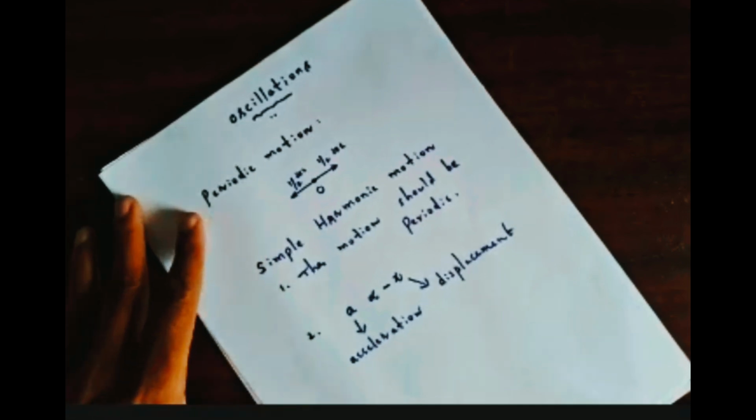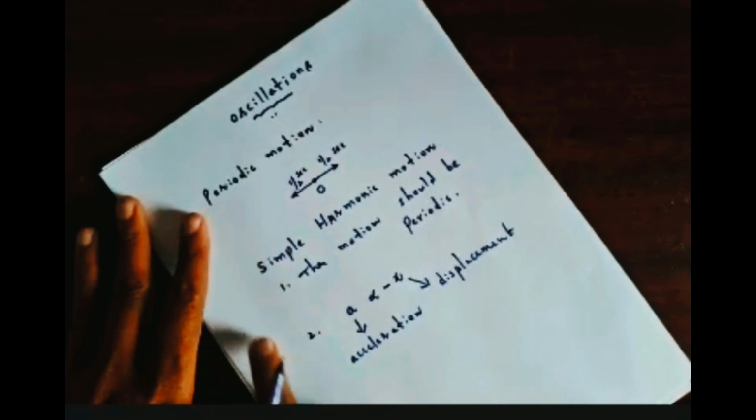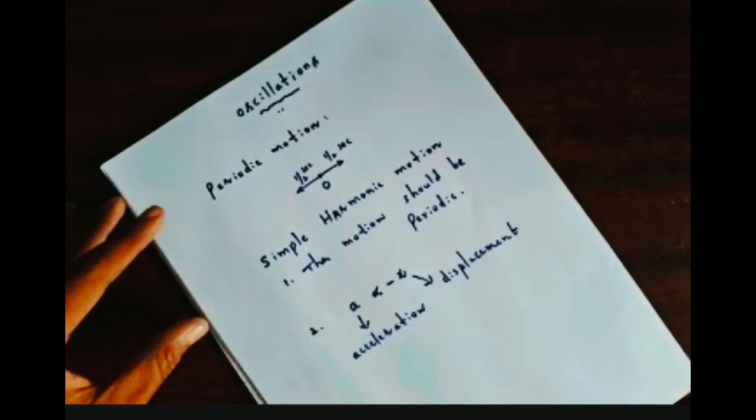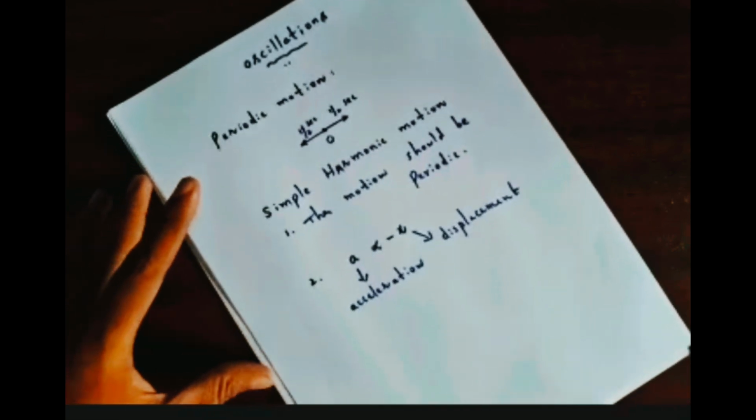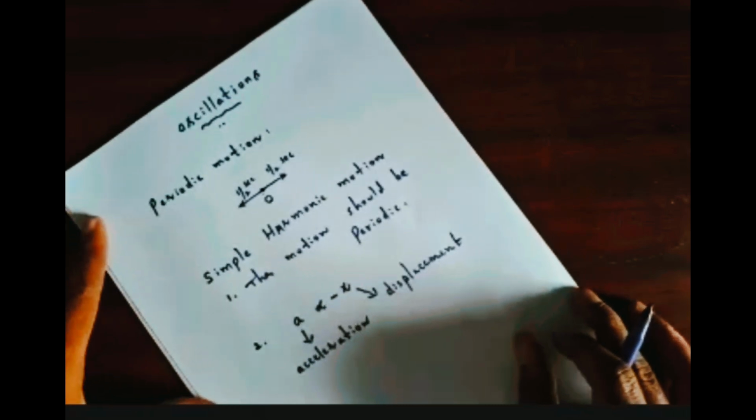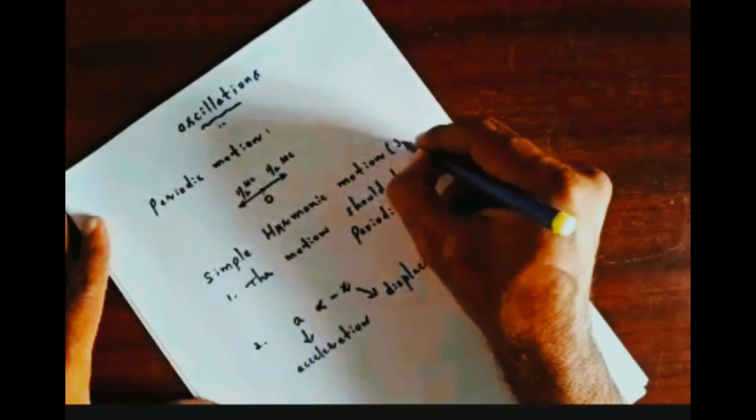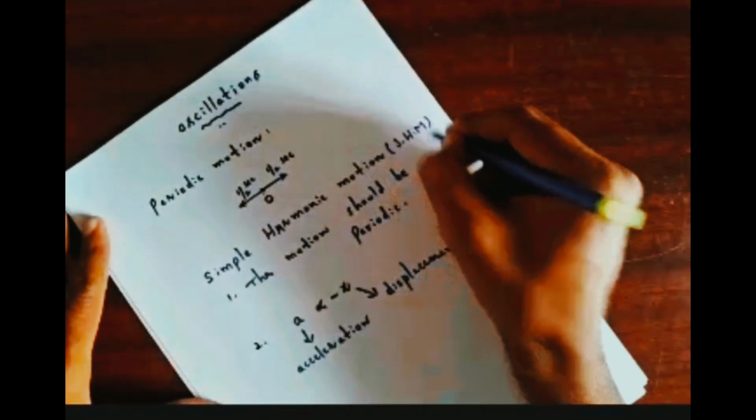When the motion of a particle or a body satisfies these two conditions, we say that the motion of the body or particle is simple harmonic motion, which we represent as SHM.